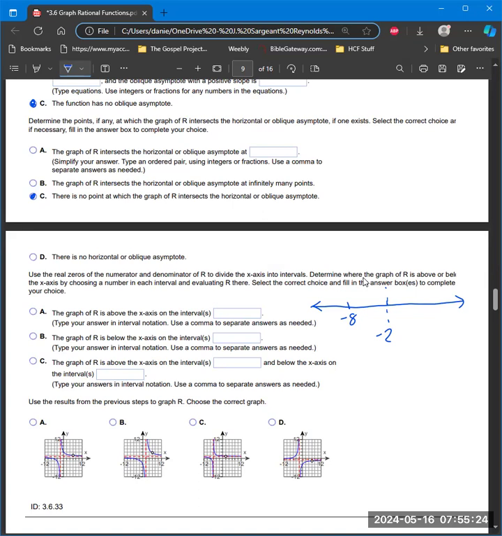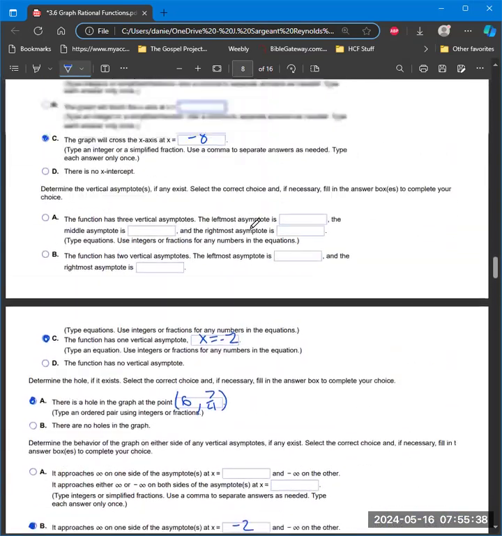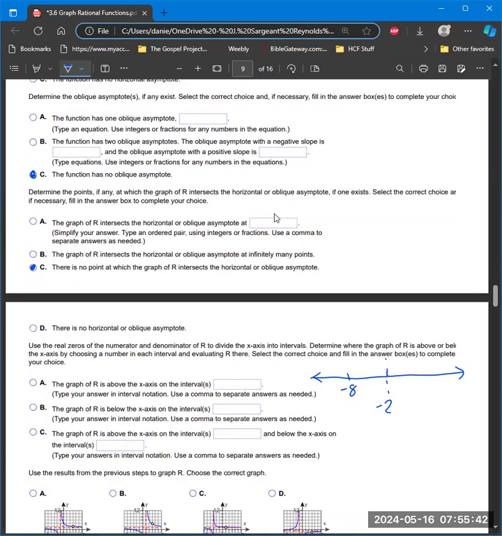I'm not worried about my hole because that's clearly going to be above or below. Negative over a negative is going to be a positive here. So that's going to be above.